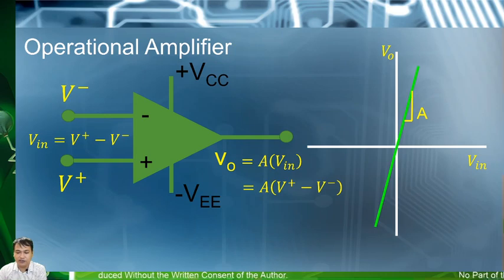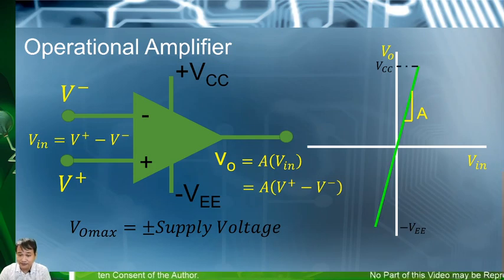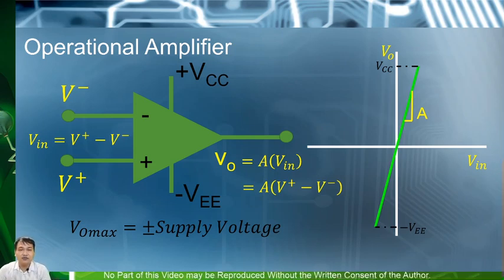One property of the op-amp is that the output voltage will not exceed the value of the power supply. Simply put, the maximum output voltage of the operational amplifier depends on the supply voltage to the operational amplifier.